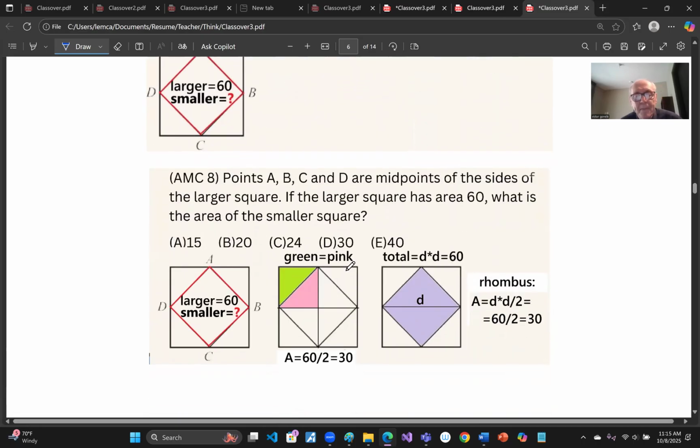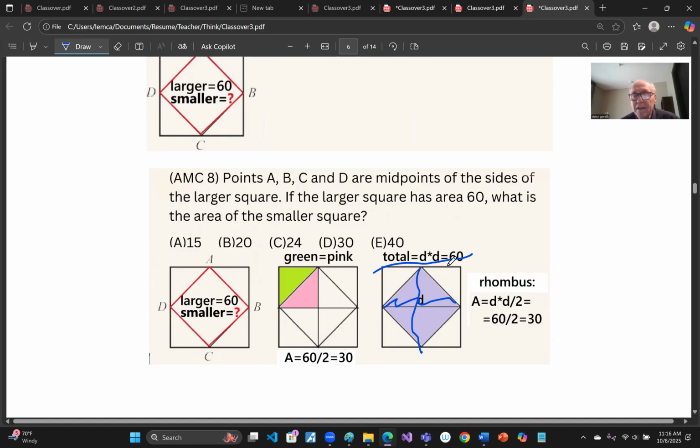We will prove it. And we will give two proofs. First one, by using formulas. We notice that this smaller square is at the same time a rhombus with horizontal diagonal equal to D and vertical diagonal also equal to D, which is the side of the big square.